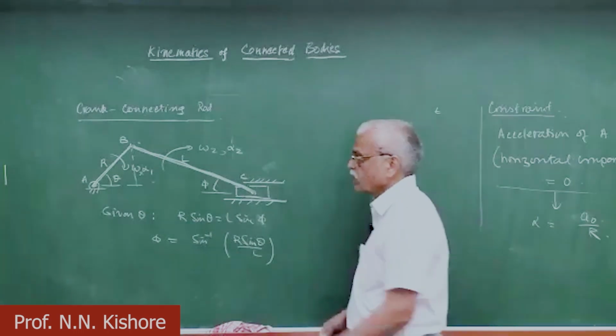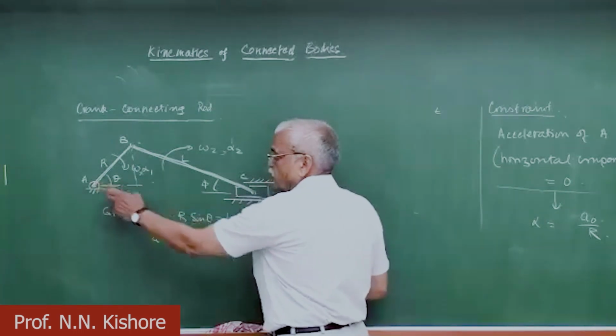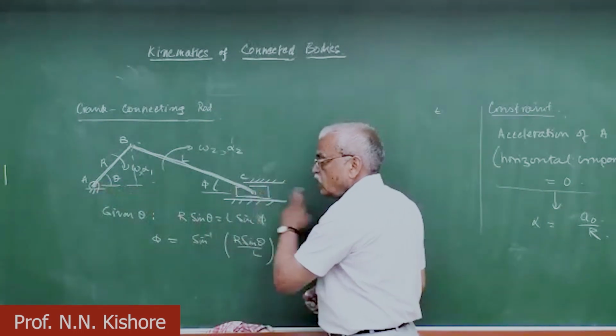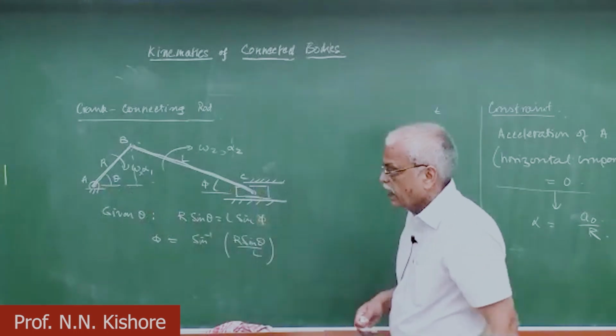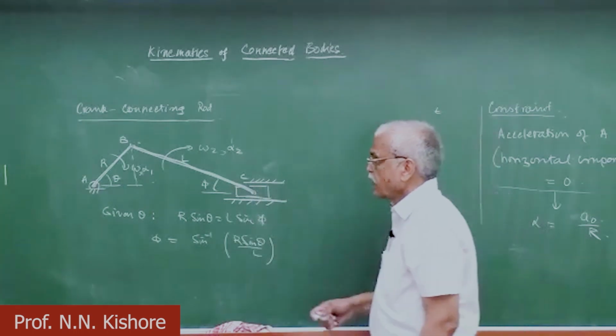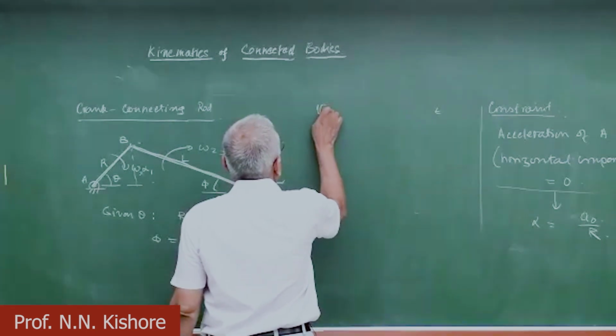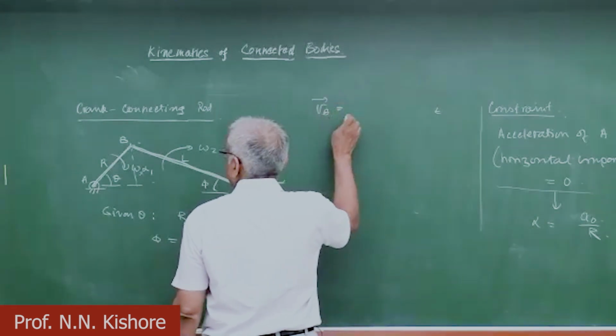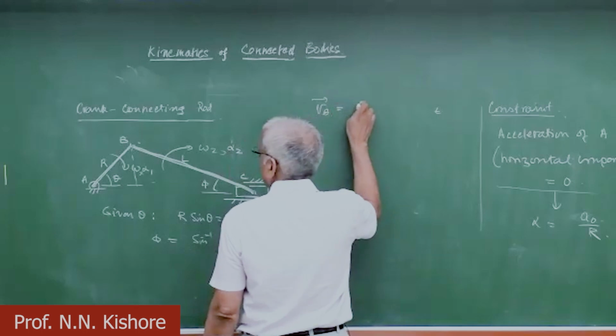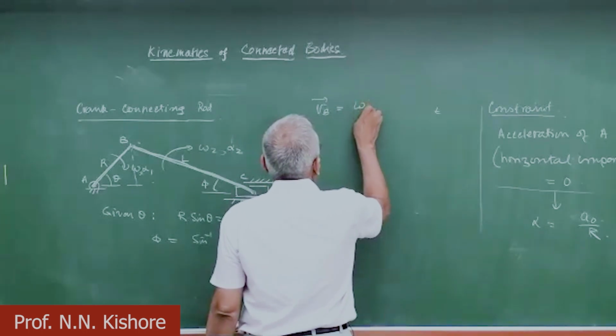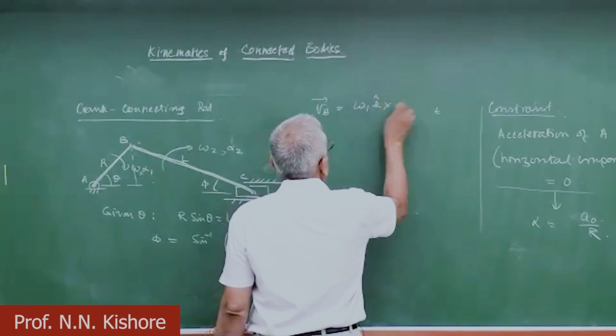So what are the constraints? The point A is fixed here, while C is moving on a horizontal guide. So this is the relationship. VB we can find out very easily. I'll just put down a quick equation. It is nothing but a rotation.